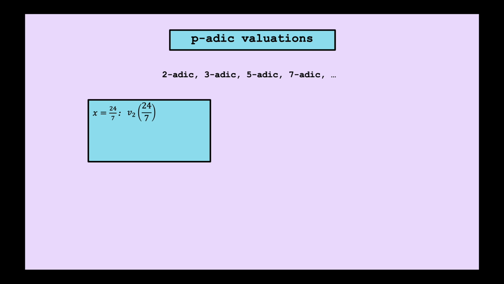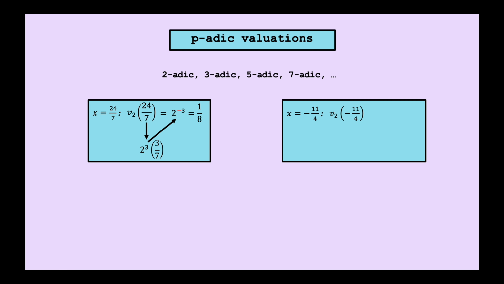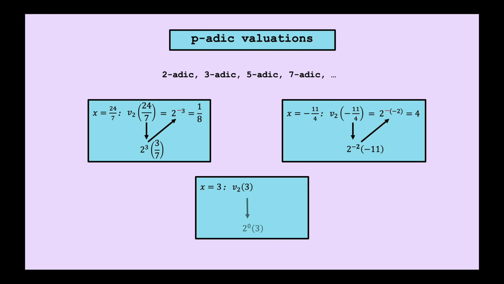In order to find the number this corresponds to, we factor all the powers of 2 out of 24/7. The two-adic valuation of this is just 2 to the negative 3, or generally 2 to the negative of the exponent. For a number like negative 11/4, we write it as 2 to the negative 2 times negative 11. So the two-adic valuation is 2 squared. And if there are no powers of 2, then the two-adic valuation will be 2 to the 0, or 1.